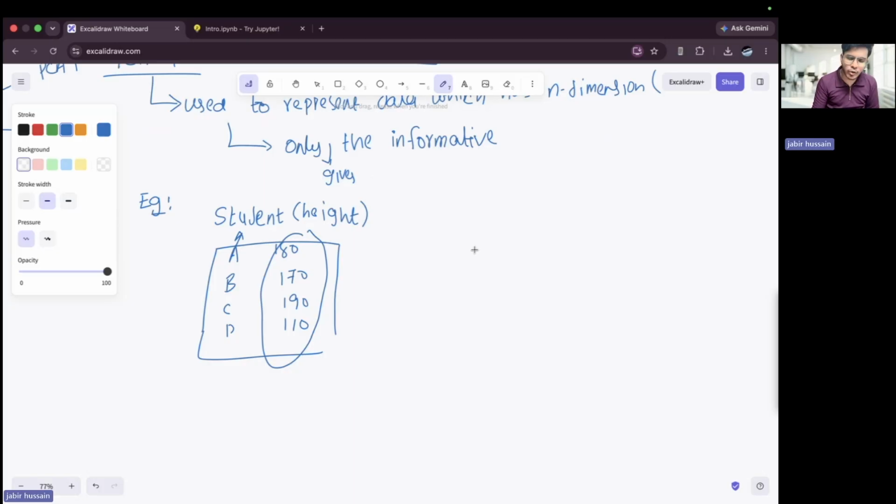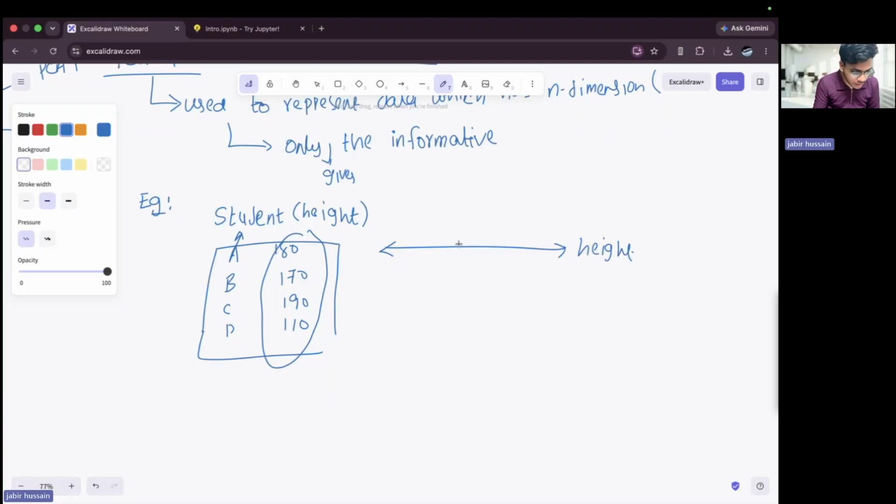Now how can we visualize this data? We can easily visualize it by drawing a number line, and this number line represents height.